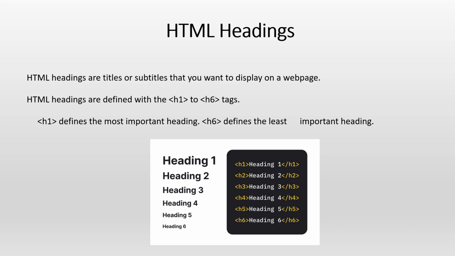Based on this, the traffic of the website will be determined, and the number of people visiting our website will increase. So for that purpose, these HTML tags are there. I hope everyone got clear what HTML headings are. Now we will go to the next thing.